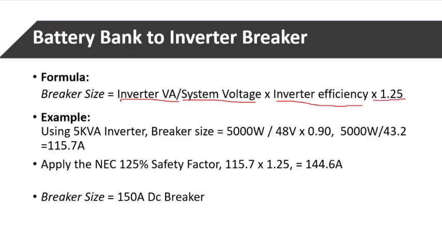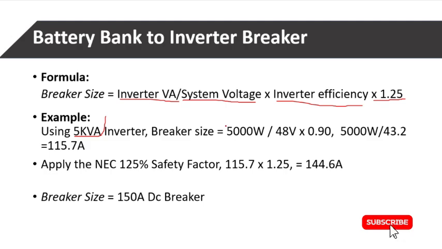Your inverter VA is your inverter rated capacity. Sorry, I said multiplication earlier, it's division here. You divide it by the system voltage, you multiply it by your inverter efficiency, and you also multiply it by a safety factor of 1.25. For this example, we are using a 5 kVA inverter and a 48 volt system.